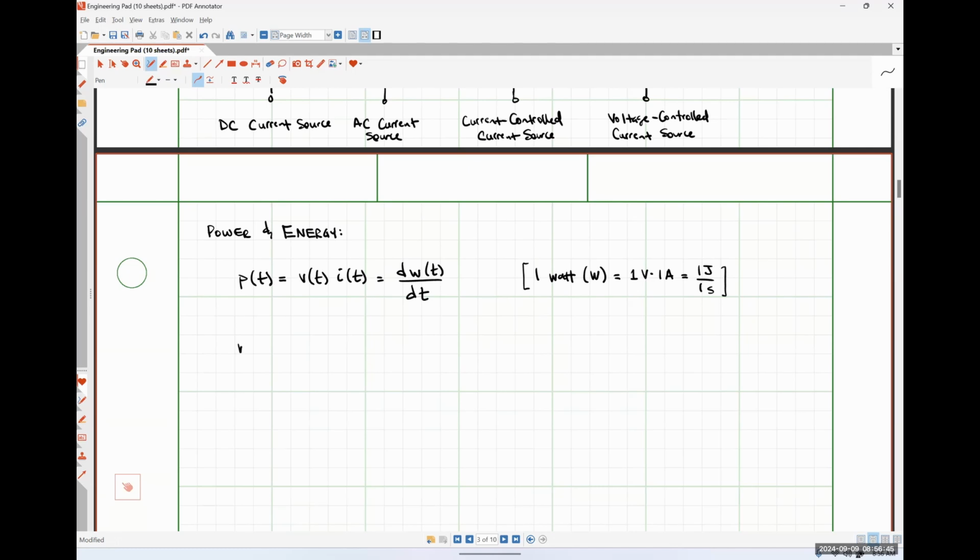Energy is then the integral of power. And I'm going to define the limits of my integral as from T1 to T2, which is just 2 points in time we happen to be interested in. Where energy is measured in joules.